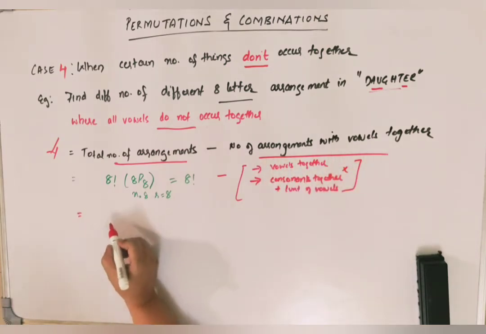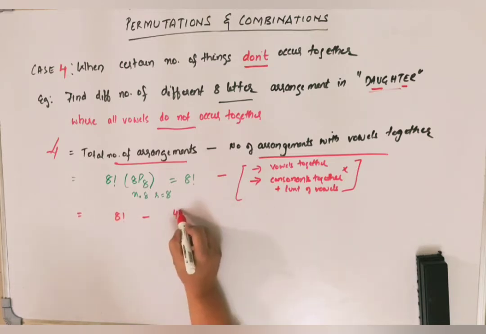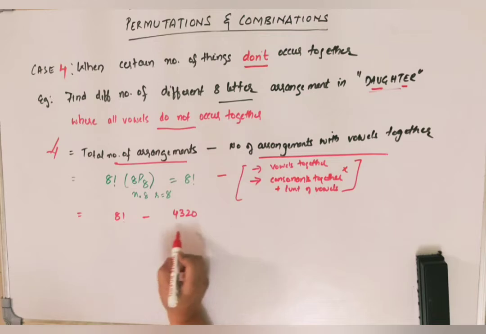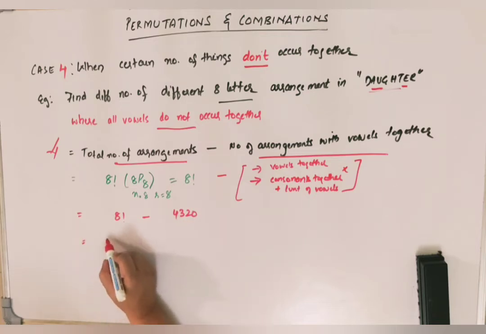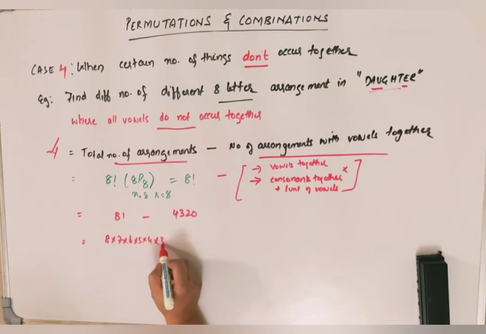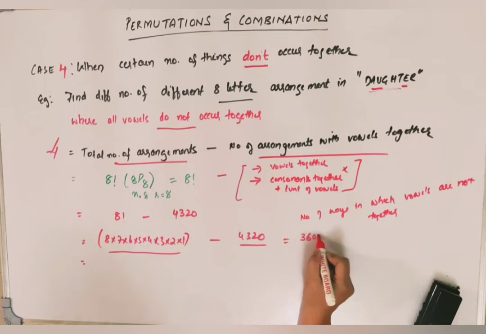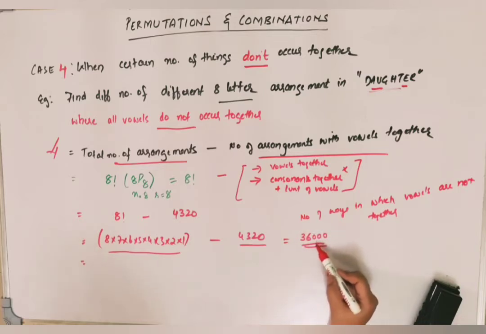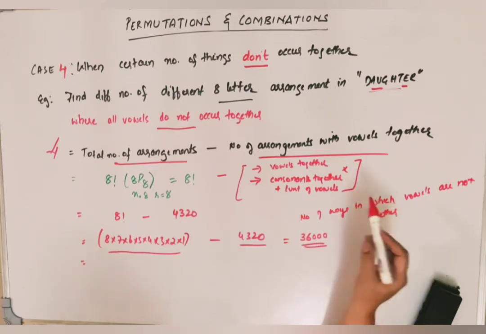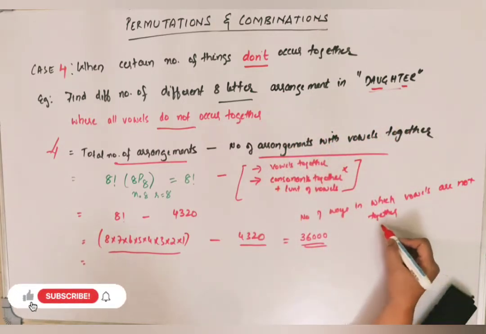So in the last example, we got the answer as 4320. So if you subtract both of these, 8 factorial is 40,320, minus 4320, gives 36,000 as the answer. So there are 36,000 ways in which we can arrange the 8-lettered word daughter without having vowels together.